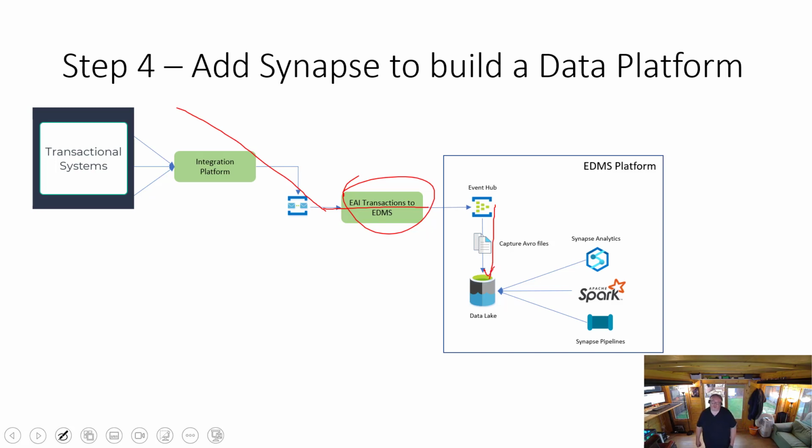So with Event Hub, we've got the capture feature, and it's out of the box writing these files. And then we can have Synapse pipelines that can process data from the data lake. We can start querying data. We can trigger Spark jobs from the pipelines to process the data. So we can either do this on a scheduled basis, or we can do it triggered by an event for the file getting written to the storage account. There's a number of really cool things, but that's how we start leveraging data going into the data platform to trigger different integrations.